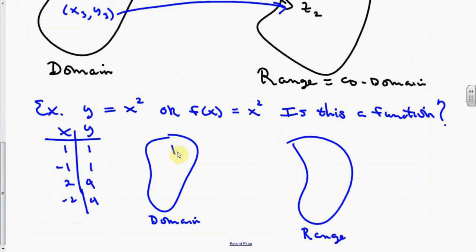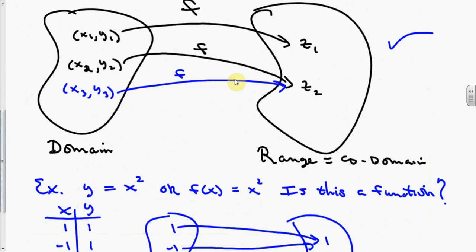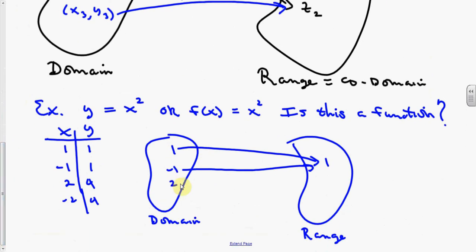So here I have 1 goes to 1. Negative 1 goes to 1. That's the same thing there. That's fine. Two goes to 4. Negative 2 goes to 4. That's good. Yes.